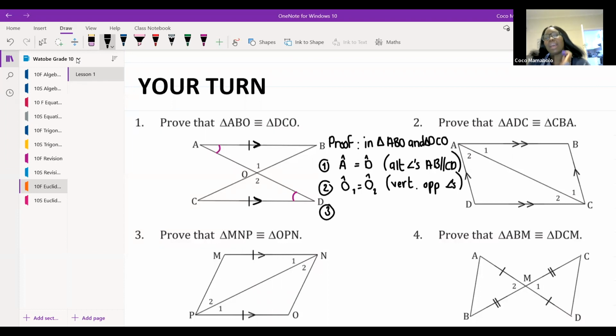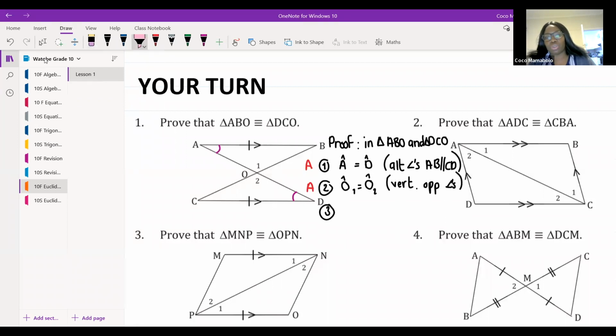I need reason number 3. Who's got reason number 3 for me? What is my last reason? Remember, we can't have angle, angle, angle. Angle, angle, angle is not a reason. I've got an angle here, and I've got an angle here.